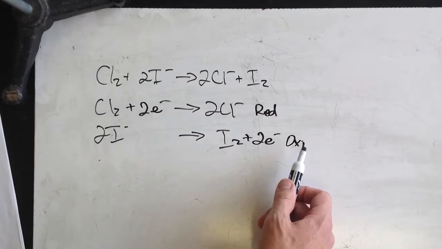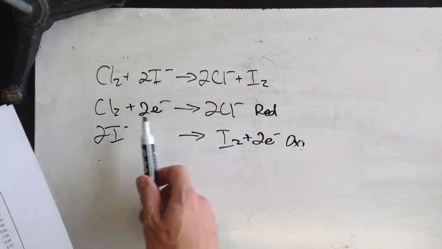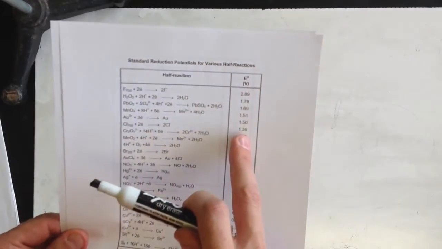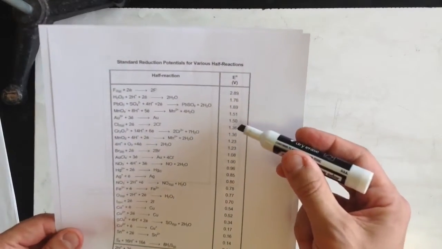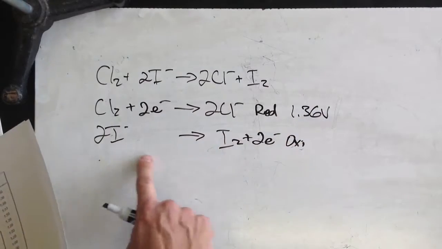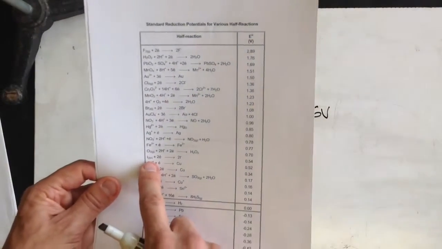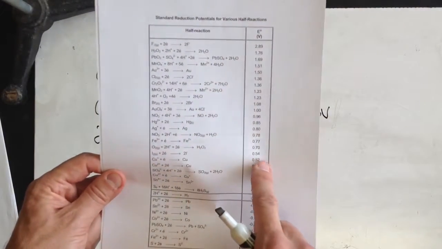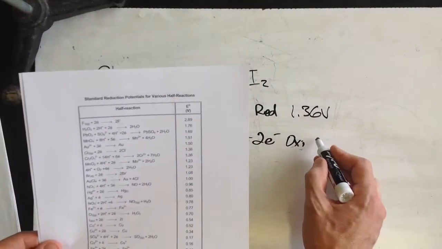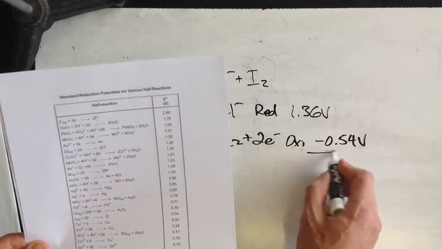Now if we go back to our table and we look up the reduction potentials for these two half cells, we can find chlorine is right here, and it has a voltage of 1.36, so 1.36 volts. And then if we look up this one, it is right here, but it's written backwards. So instead of 0.54, we have to flip it. This becomes a negative 0.54 volts.